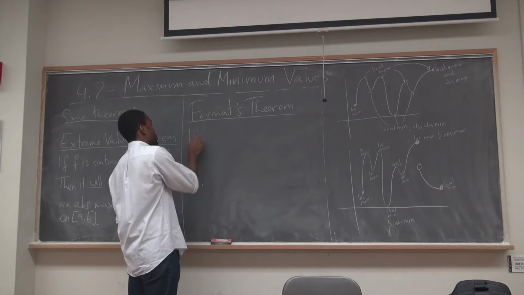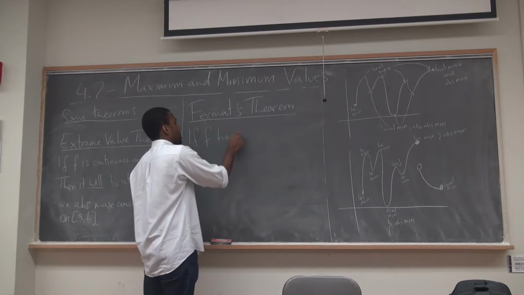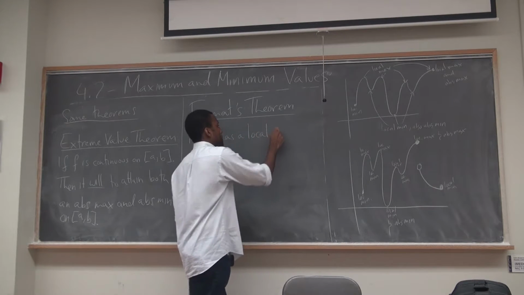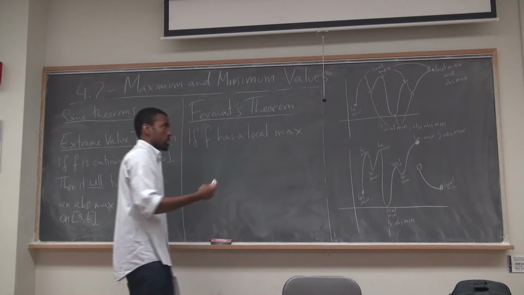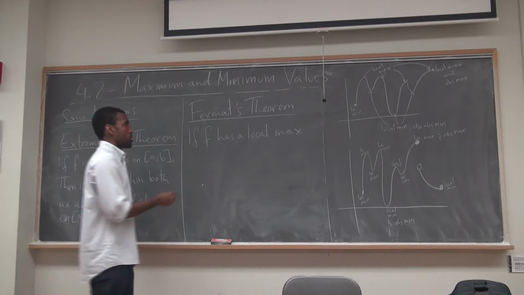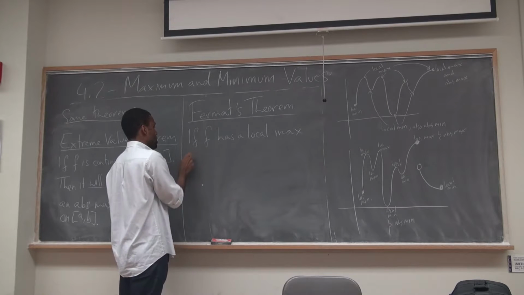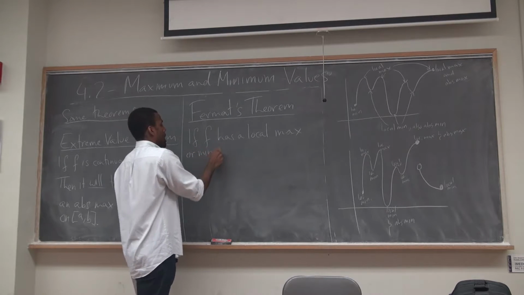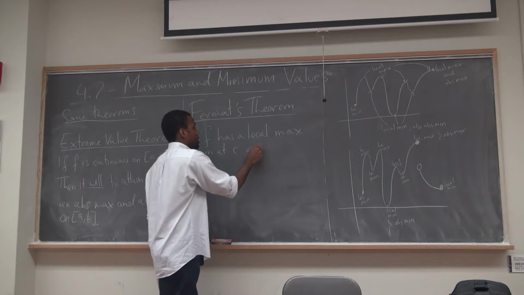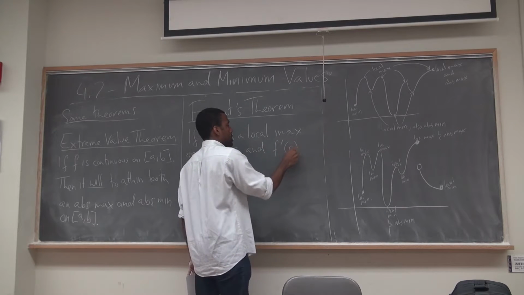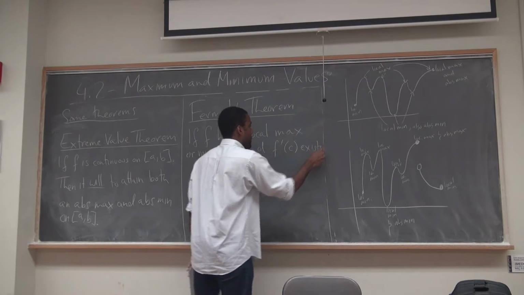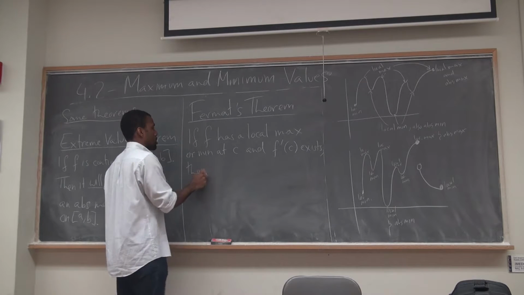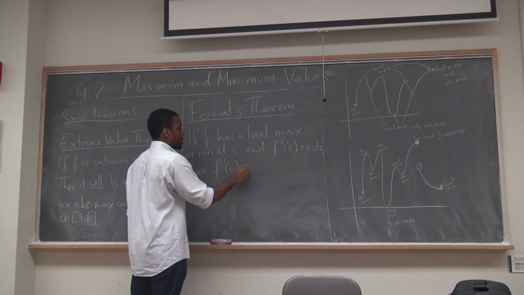So it says if f has a local, and this term really gives us a clue for things that we're going to be looking for. If f has a local max or min at c, and the derivative at c exists, then the derivative must be 0.